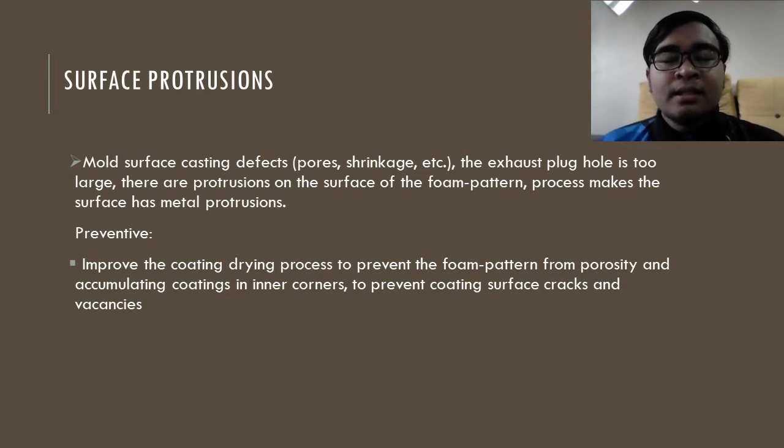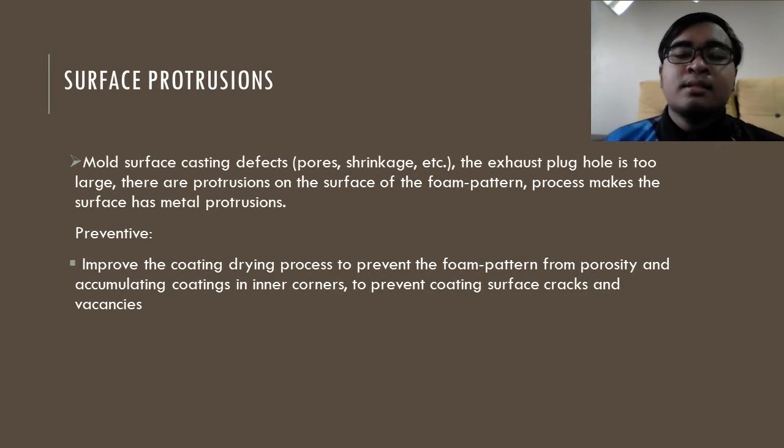How do we prevent it? We improve the coating drying process to prevent the foam pattern from porosities and accumulating coating in inner corners, and to prevent coating surface cracks and vacancies.